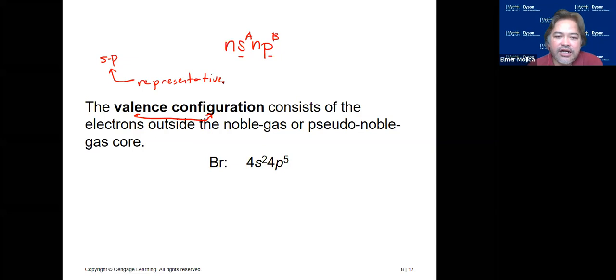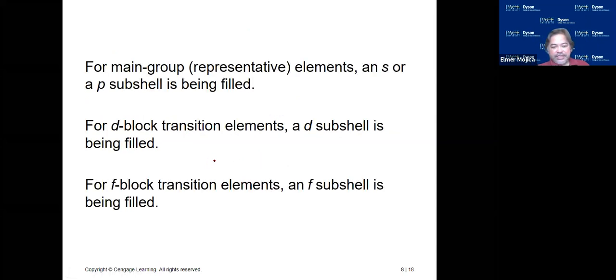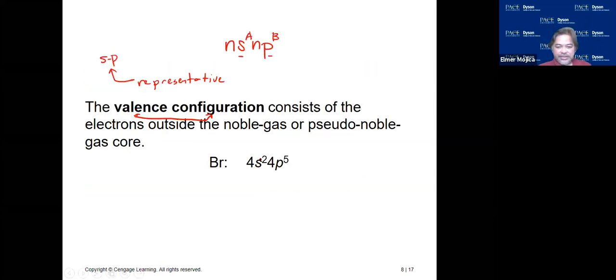Okay, they are your representative elements. So you can write bromine in terms of the valence configuration like this one.